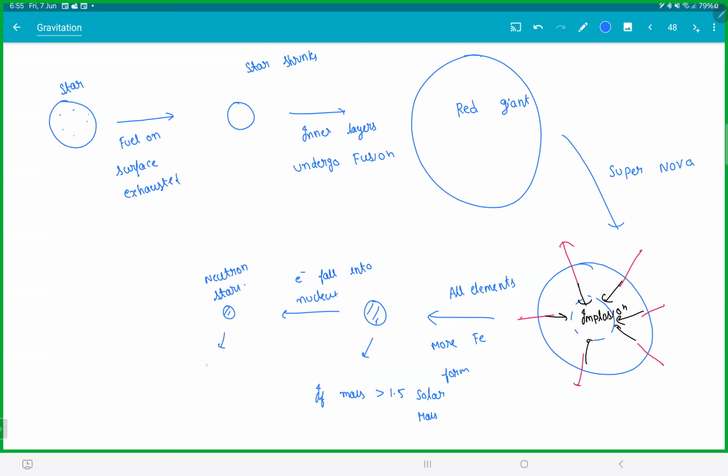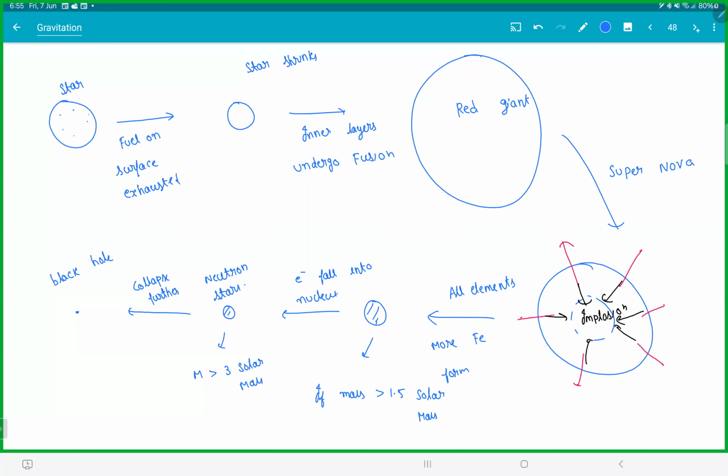And if this mass M is greater than 3 times solar mass, these neutrons will collapse further into a singularity. You get a black hole. That is how a star dies.